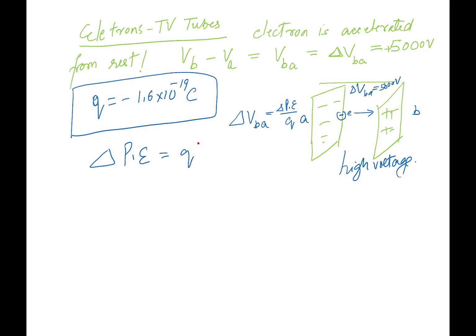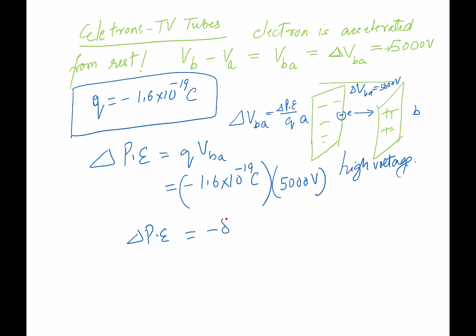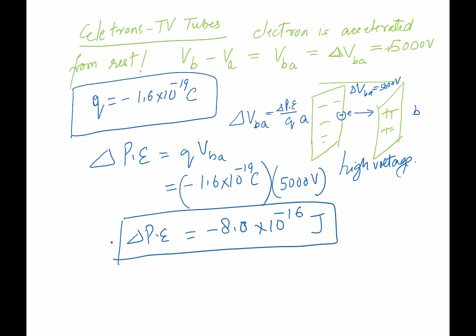So that's going to be Q times VBA, which is minus 1.6 times 10 to the power of minus 19 coulombs times 5,000 volts. So the change in potential energy is therefore minus 8.0 times 10 to the power of minus 16 joules. So that's the potential energy change.